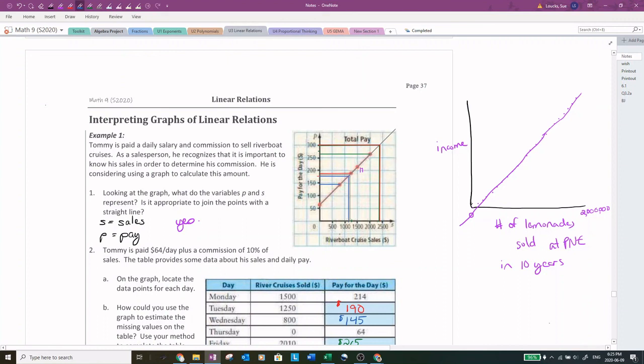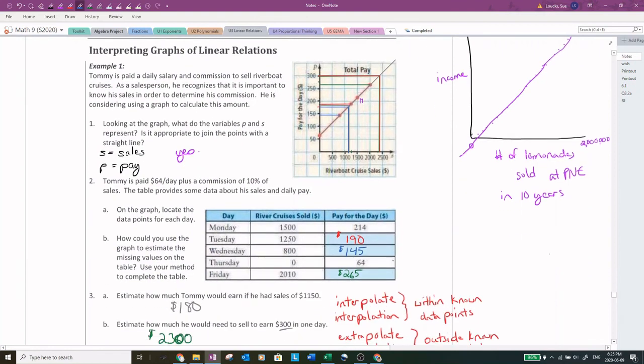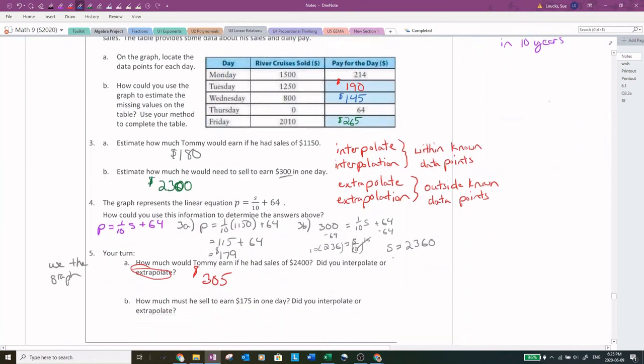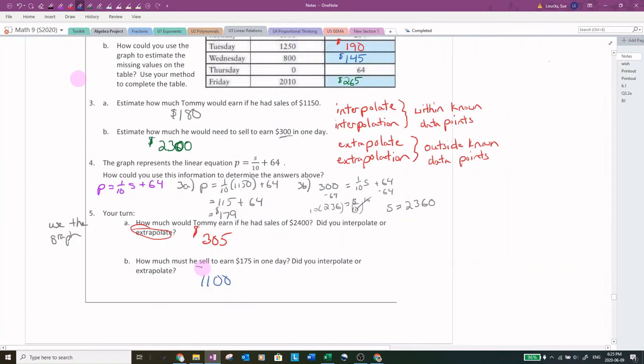And I'm going to call that 1100. Just a little bit over 1100. Okay, and did I interpolate or extrapolate? That was interpolation because it was within the known data.